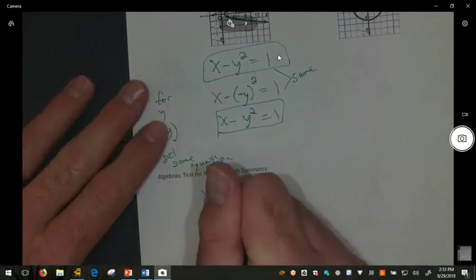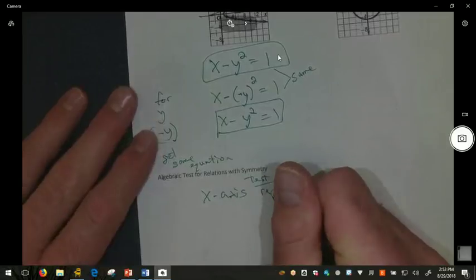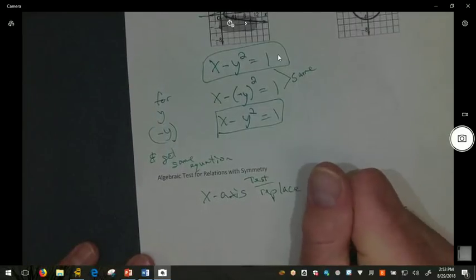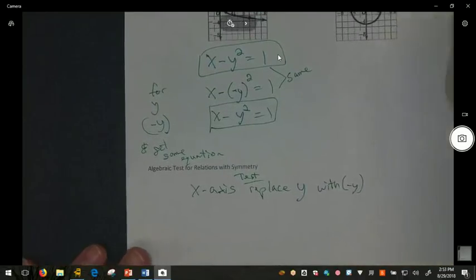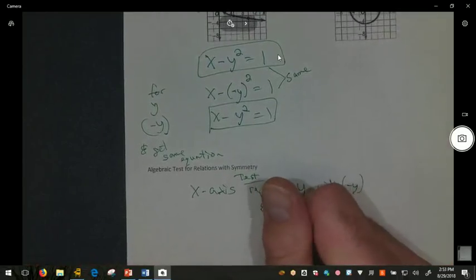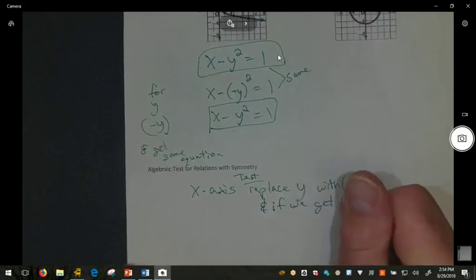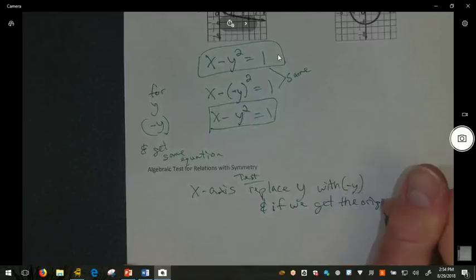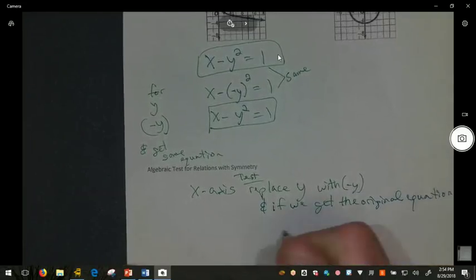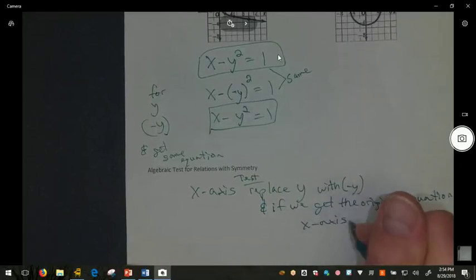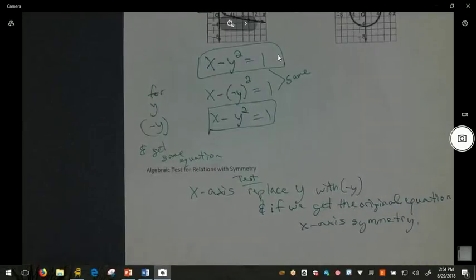So for symmetry with the x-axis, the test is to replace y with the opposite of y, and if we get the original equation back, then it has x-axis symmetry. If we don't, then it does not have x-axis symmetry.